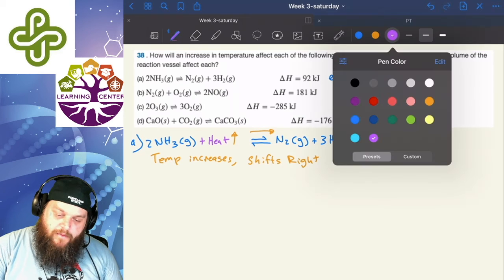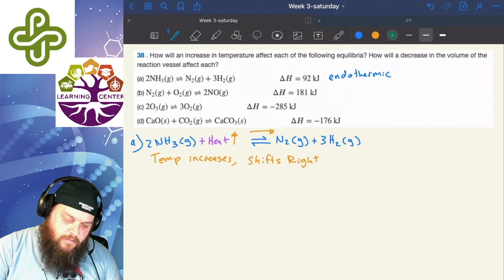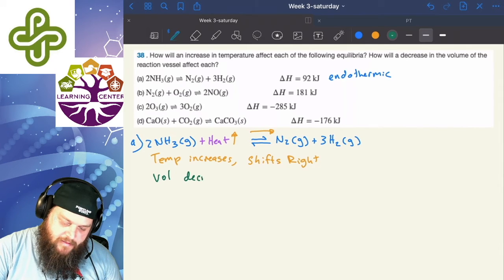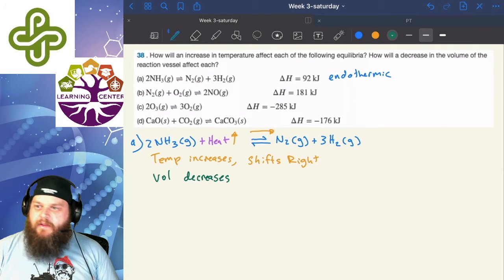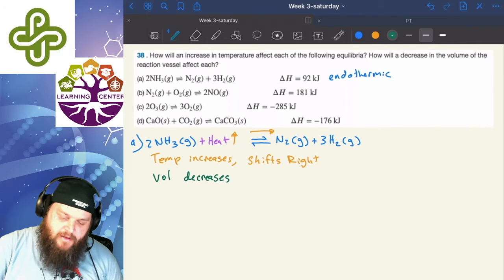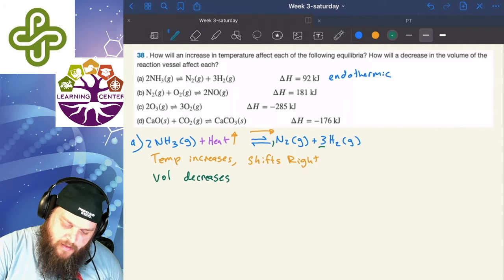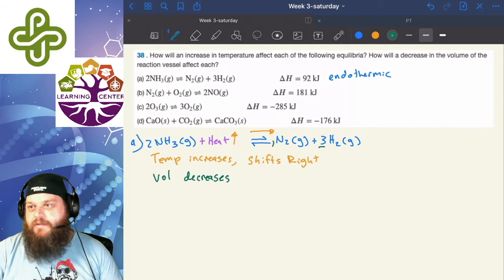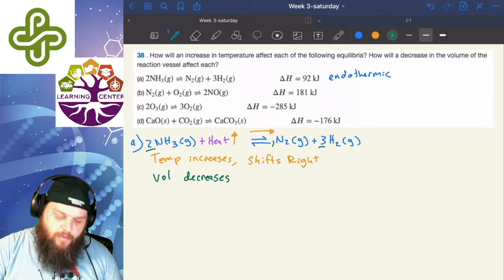So what about volume? If the volume decreases, is what they say. Well, if the volume's decreasing, we want to look at that mole-to-mole ratio, the moles of the products and the moles of the reactants. So the moles of the products, there's 1 and 3. So there's 4 total moles in the product side. Here we have 2 moles of the reactant side.